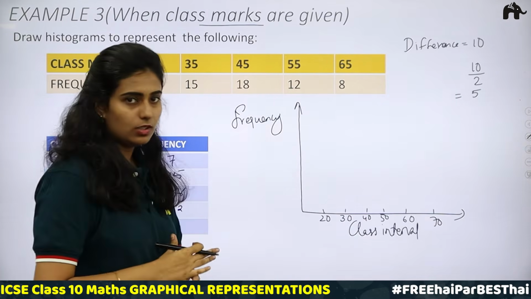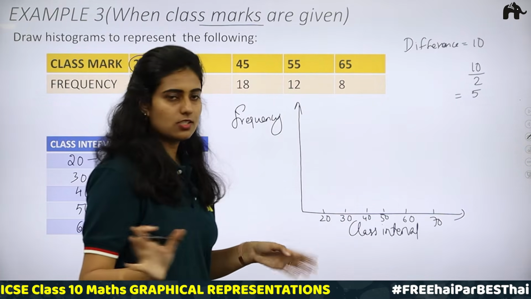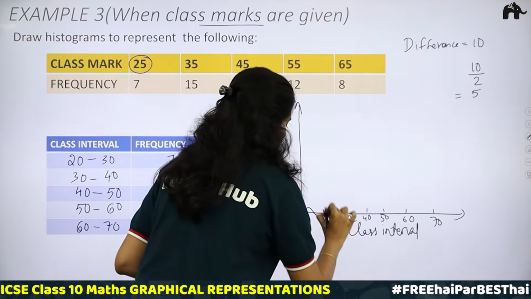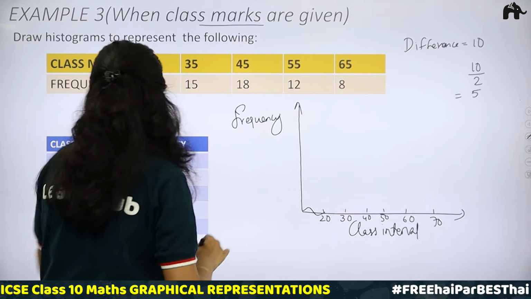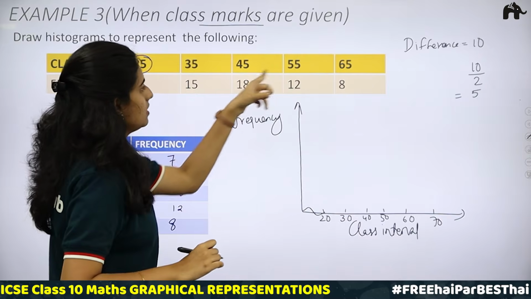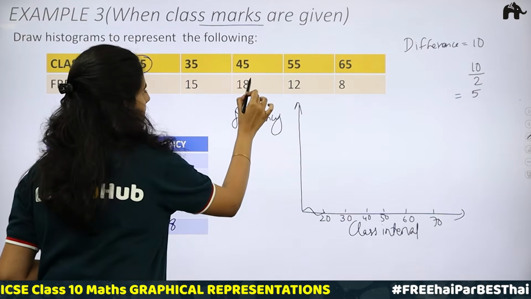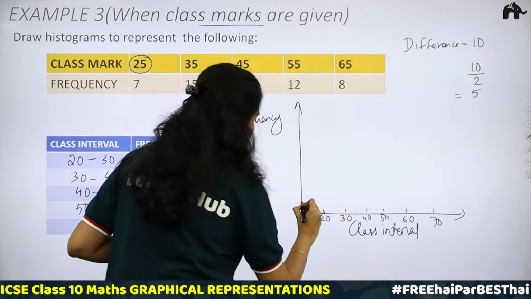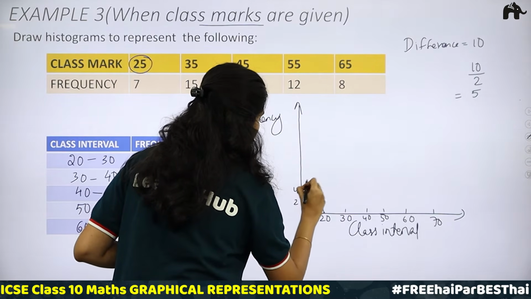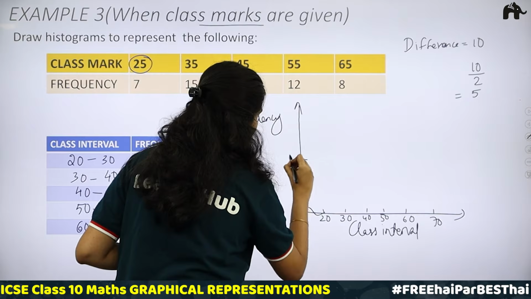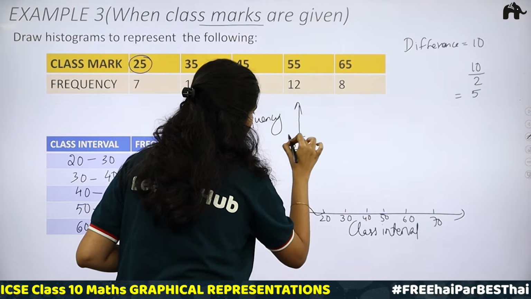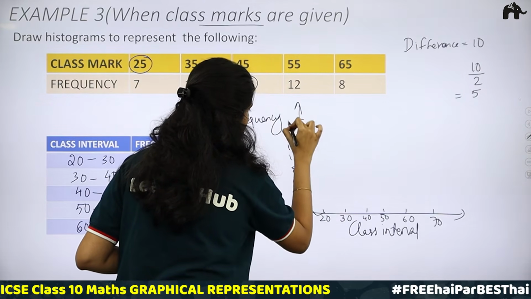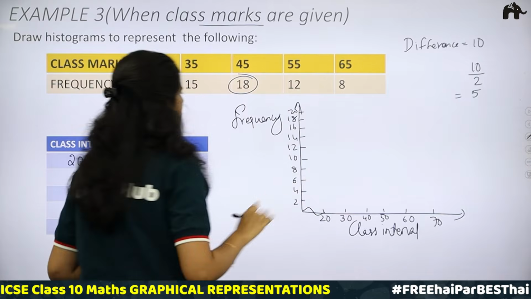Okay. Any values that are less than 20 are not to be considered. We can put a kink mark here. Okay. Then frequencies 7, 15, 18, 12, 8. Here 18 is the greatest value. 18 should be included. So, let's start with 2, 4, 6, 8, 10, 12, 14, 16, 18 up to 20.